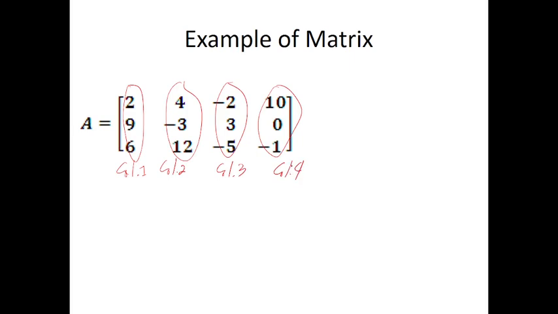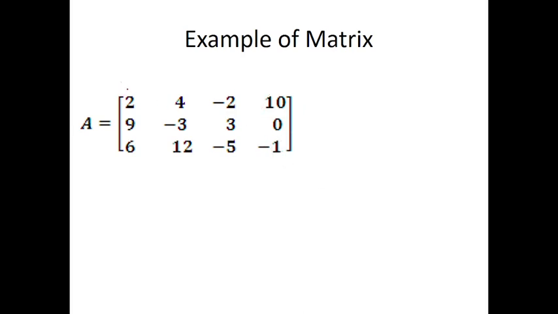So it has three rows and four columns, and it is enclosed in brackets. This is now matrix A in this example.